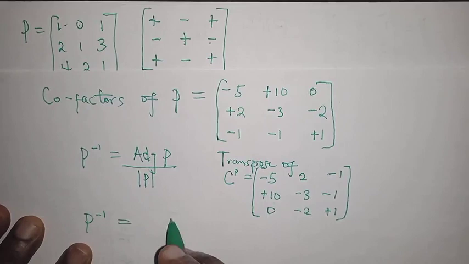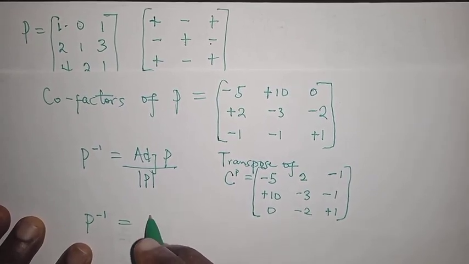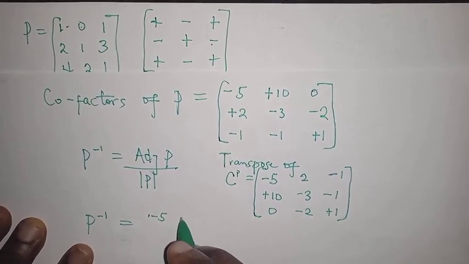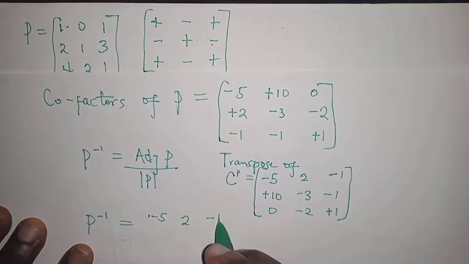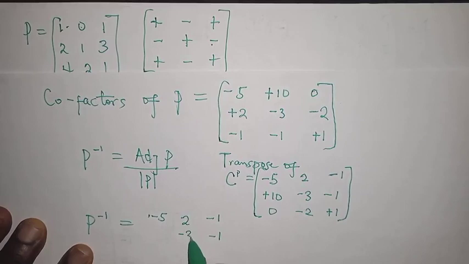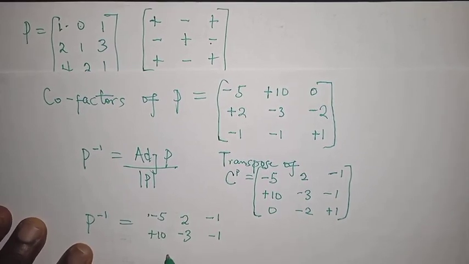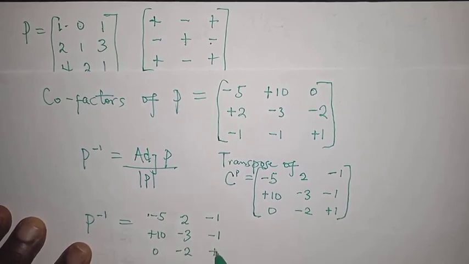Then the next thing we'll do finally is to divide this by our determinant. Remember, we got the determinant to be what? Minus 5. So we're dividing minus 5, plus 2, minus 1, minus 1, minus 3, plus 10, 0, minus 2 and plus 1.